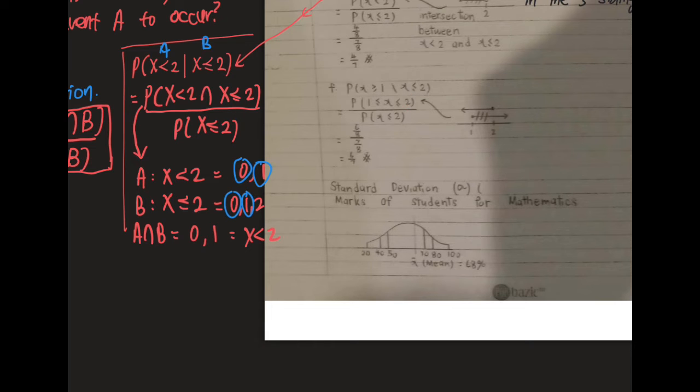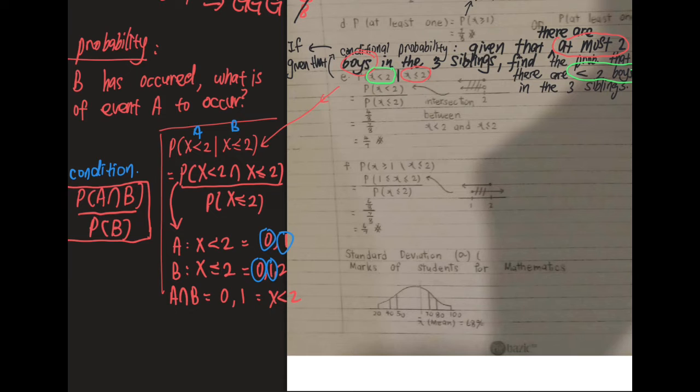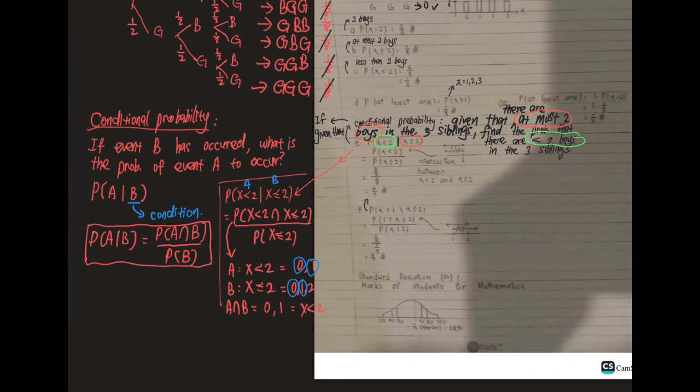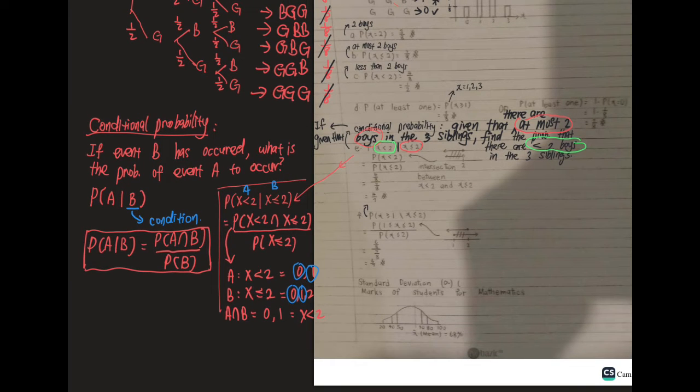The question may sound like this. X more than or equal to 1 is written here, at least one boy. X less than or equal to 2 is at most 2 boys.